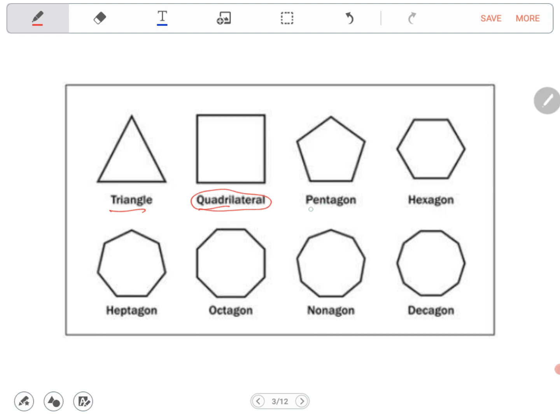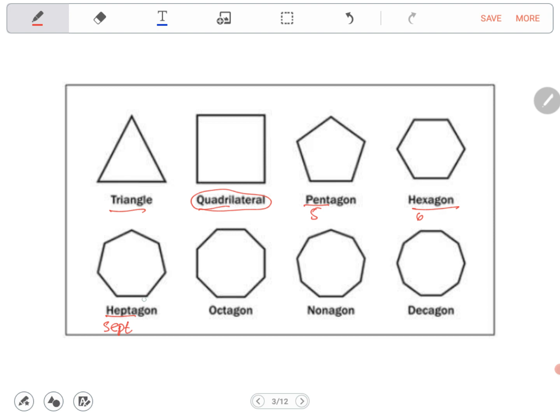Then the next one is the pentagon. Pent means five and gon means side, so it is a five-sided shape. And this is a hexagon. Hex means six, and this basically is a six-sided shape. And then we have a heptagon, or sometimes it's called a septagon, which simply means it has seven sides.